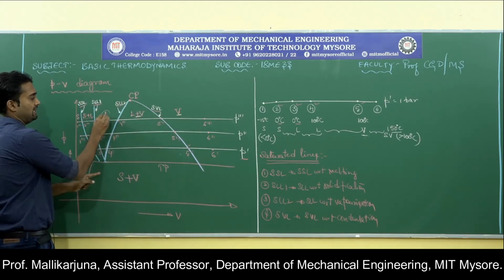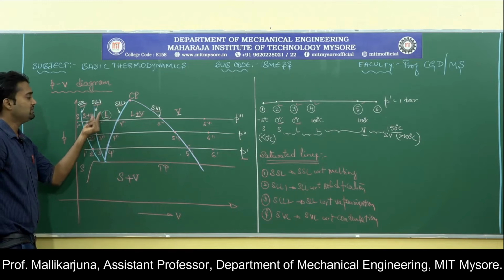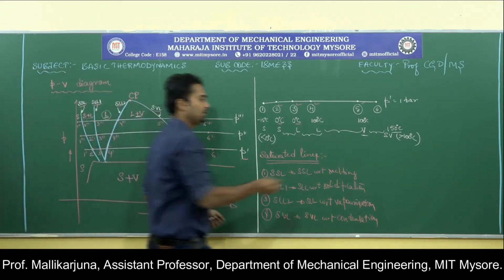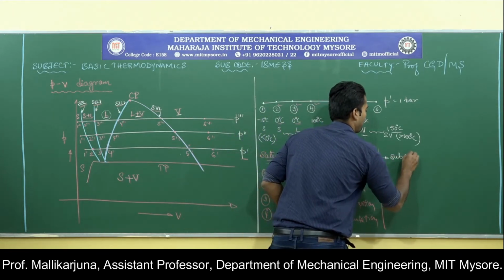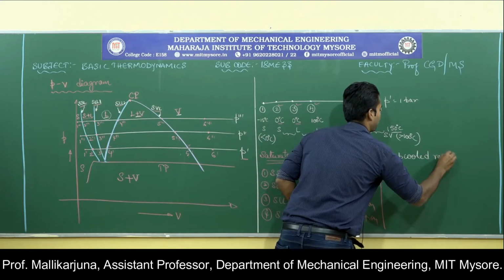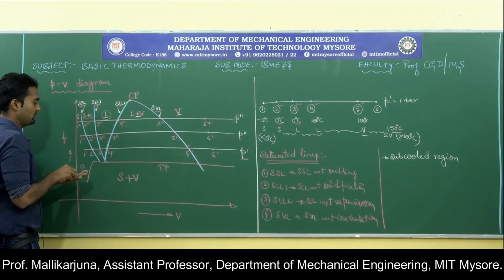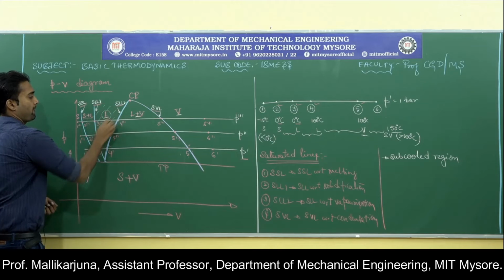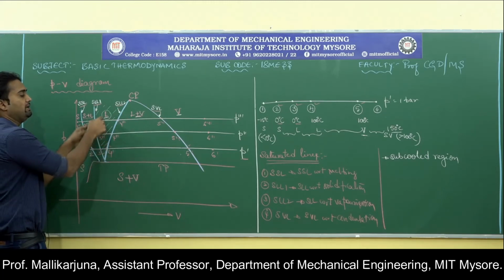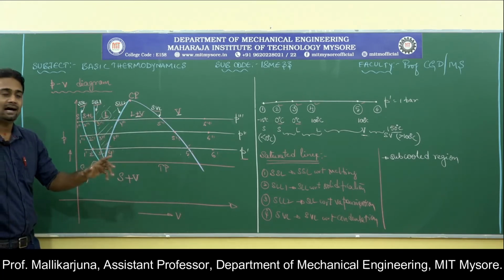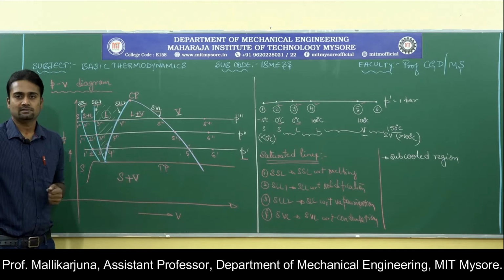The region which is marked as L to the left of the saturated liquid line, we used to call that region the subcooled region. In the sense, in this region, at any pressure, the substance will remain as liquid only, irrespective of the pressure at which you are operating the substance.